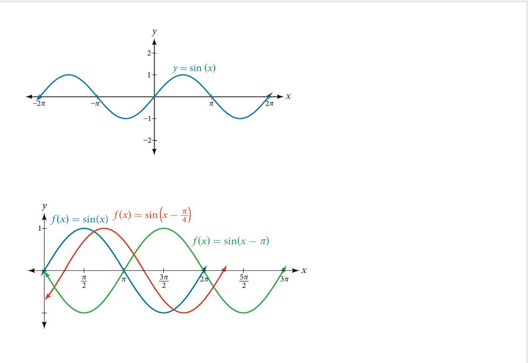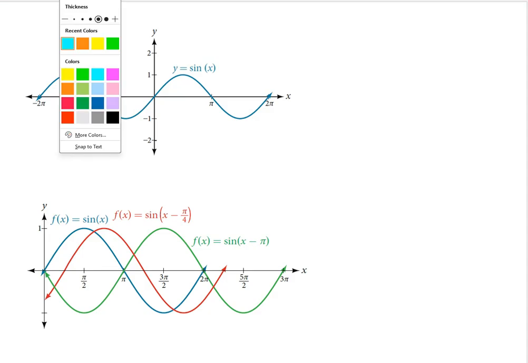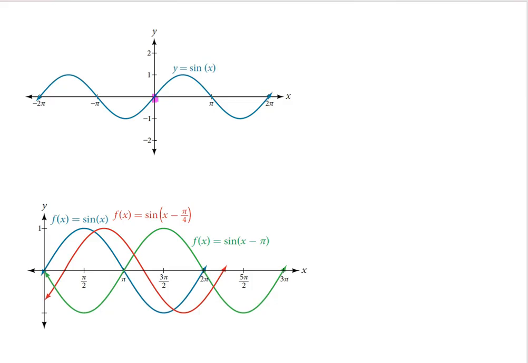All right, before I do number 15, I just want to go over some things about sine. Your basic sine curve starts at the origin, goes up, goes down, and goes back up again.